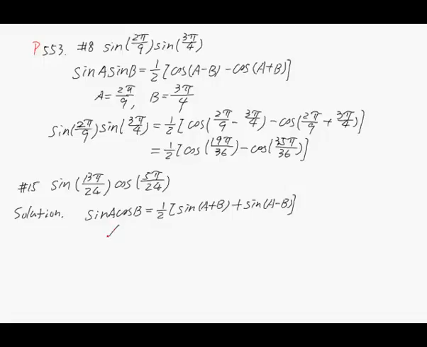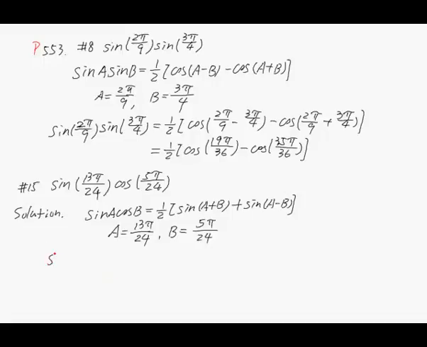And here A is equal to 13 pi over 24 and B is equal to 5 pi over 24.